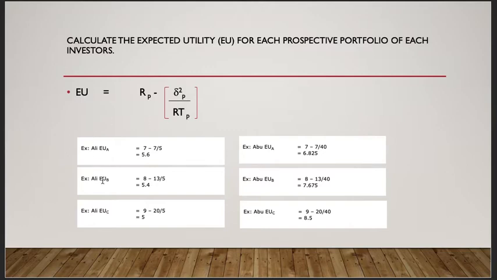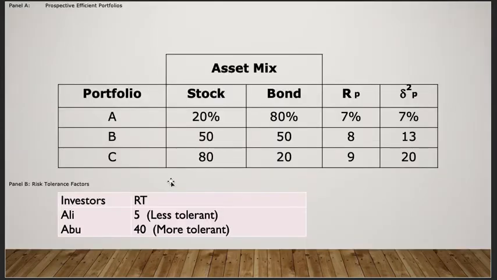Here is the expected utility for Ali. If Ali chooses to invest in portfolio A, the expected utility would be 5.6, which comes from 7, the return of the portfolio given in the question, minus the variance of the portfolio, also 7, divided by RT. The RT of Ali is 5, which we see in this table. So we refer to the last two columns here and also the RT given in the next table.